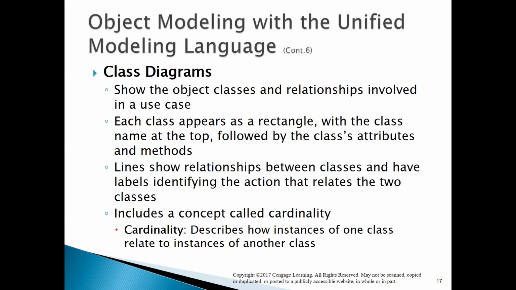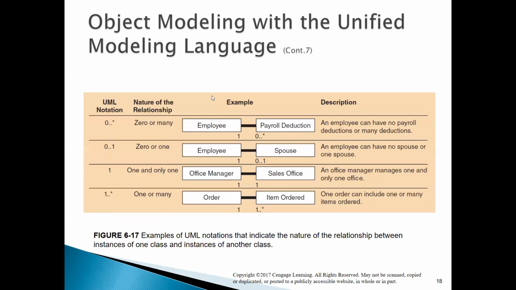I would label this as not so important, because our focus for CIN603 is only on one or two specific UML diagrams, and one of them is the use case. For class diagrams, just know the definition and what they do. And this is an example of a class diagram.